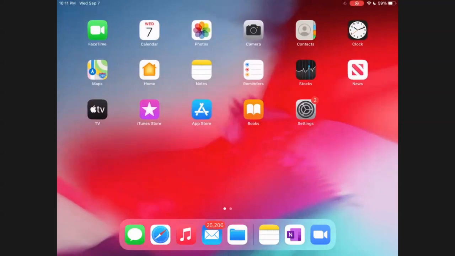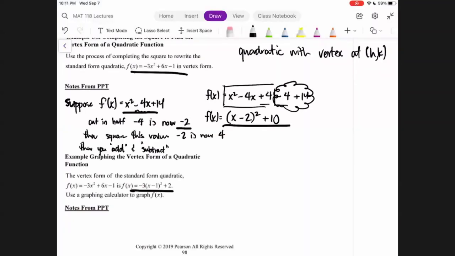So as I said, doing vertex form, so standard to vertex, one method is you complete the square.